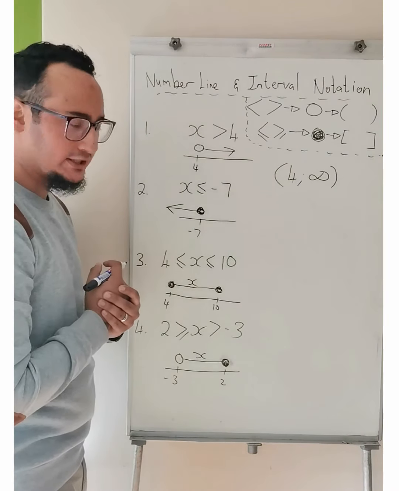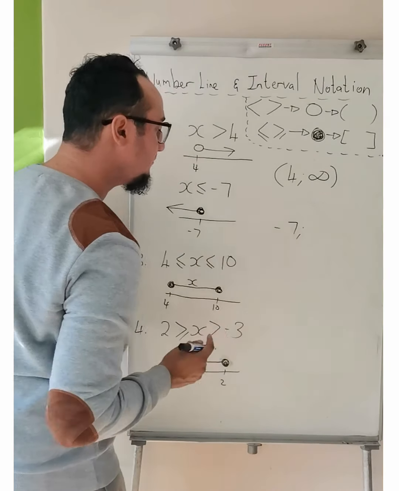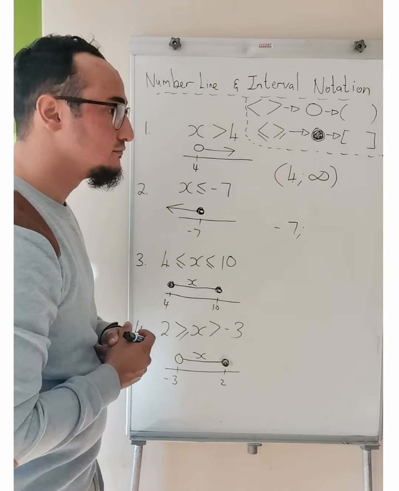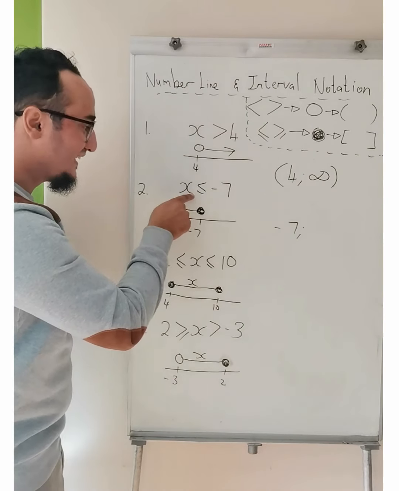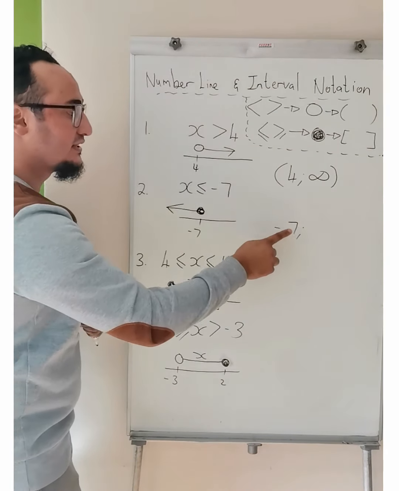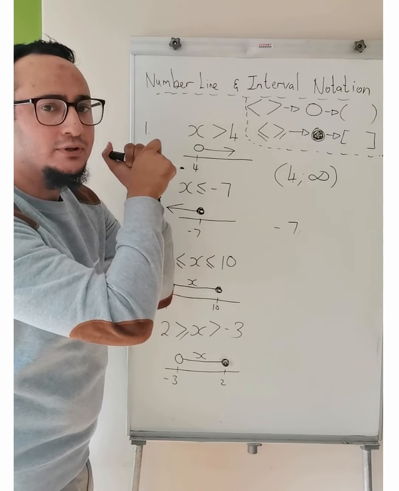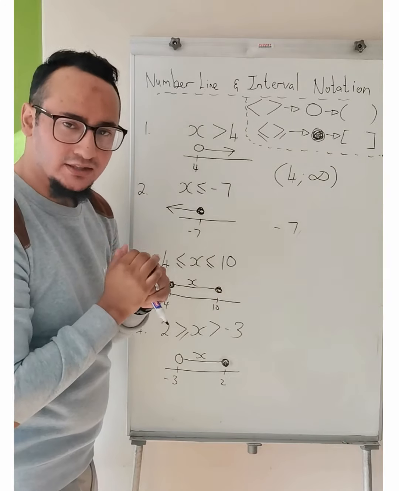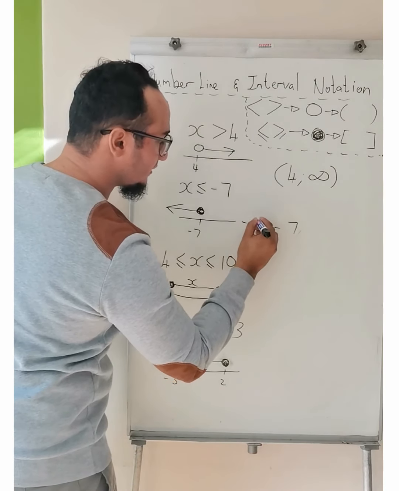Alright, let's go into the next one. The answer I'm working with is -7. Now, very importantly, is my answer less than -7 or more? X must be less than or equal to -7, which means everything smaller, going down to negative infinity. The answer would be negative infinity.